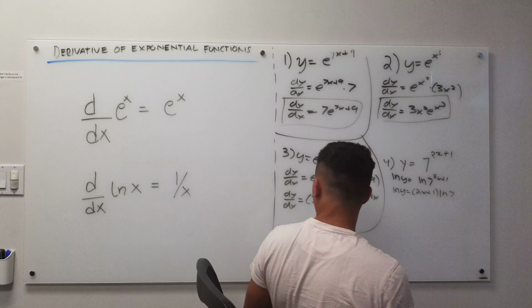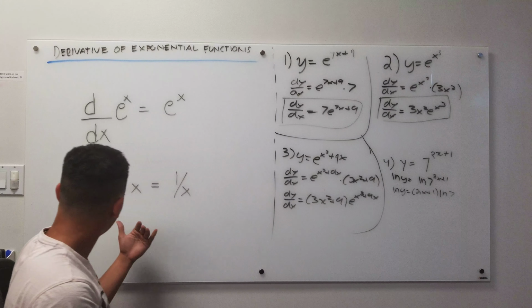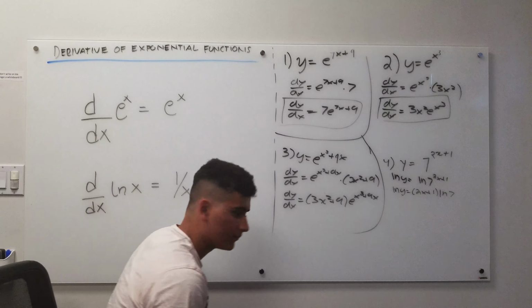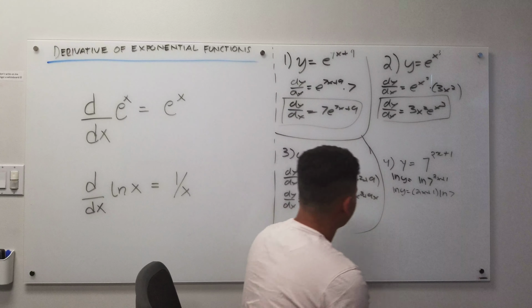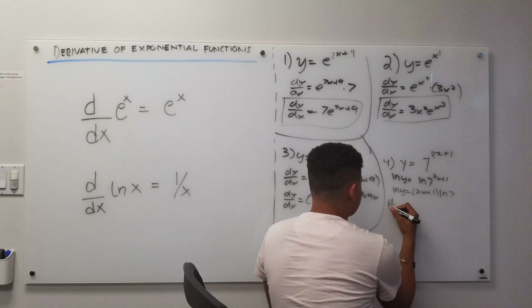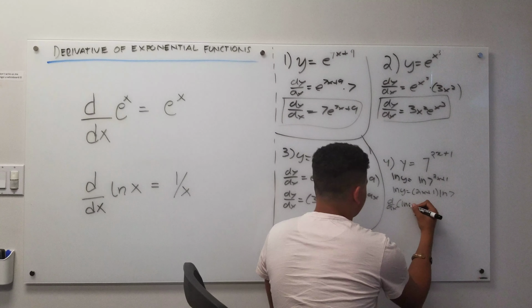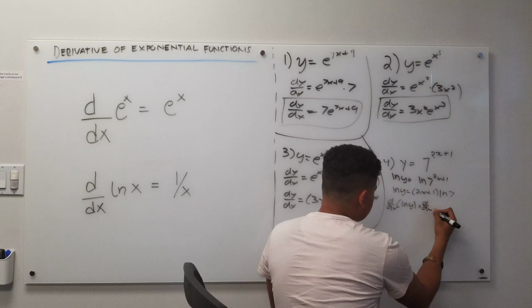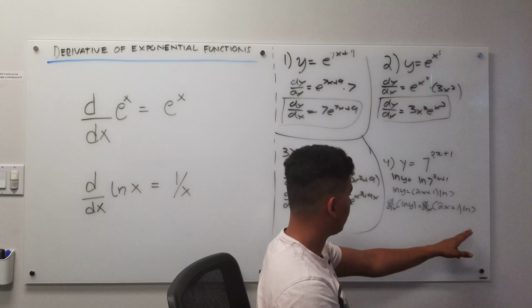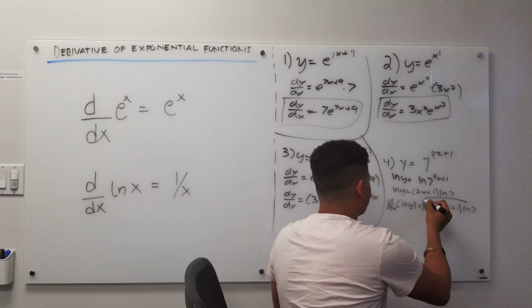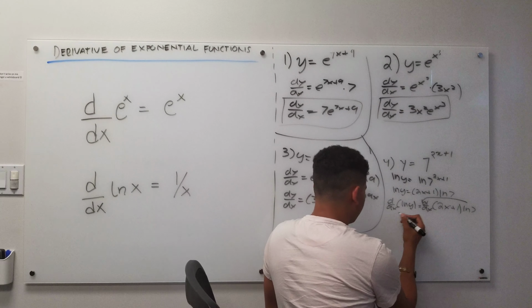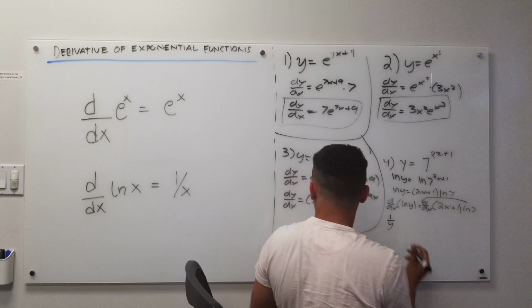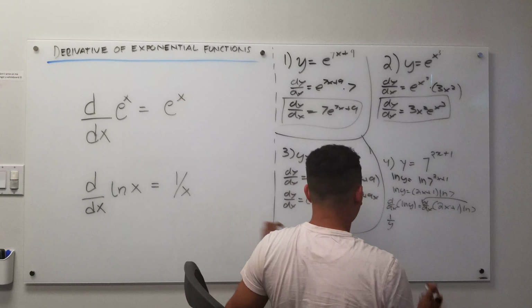Now we can take the derivative using this formula right over here that we learned. d/dx of ln x is equal to 1 by x. So if you were to take the derivative, d/dx of ln y is equal to d/dx of 2x plus 1 times ln 7. ln 7 is a constant, so we can take that out of the derivative section. Taking the derivative of this would be 1 by y, using this formula. But remember, since this is a y term, this is part of the implicit differentiation we learned a couple of videos ago.